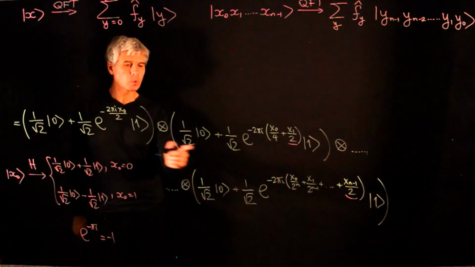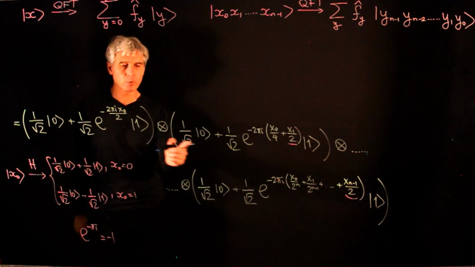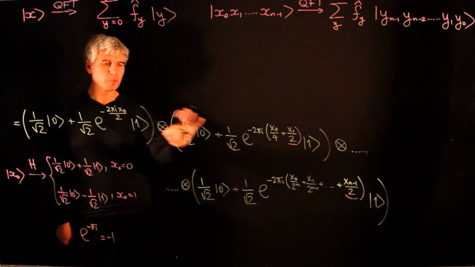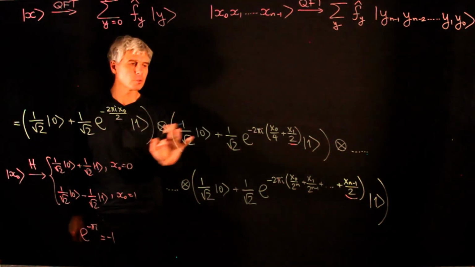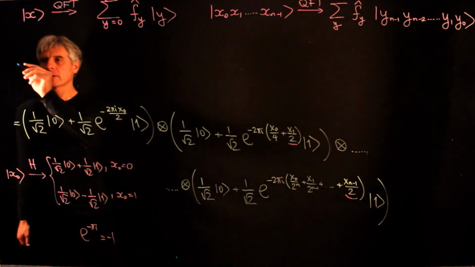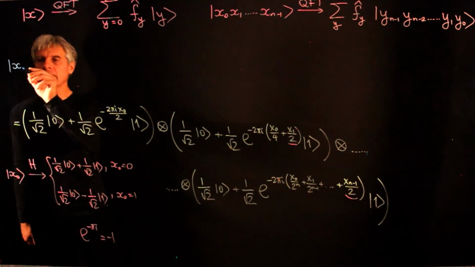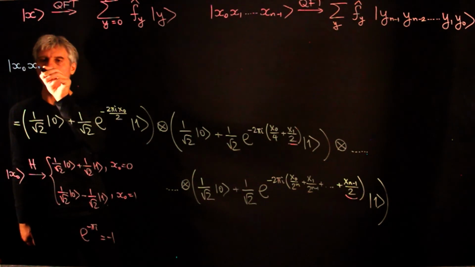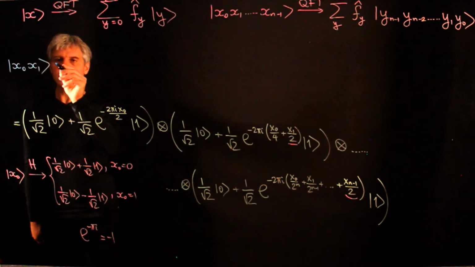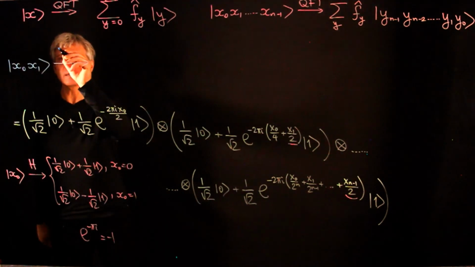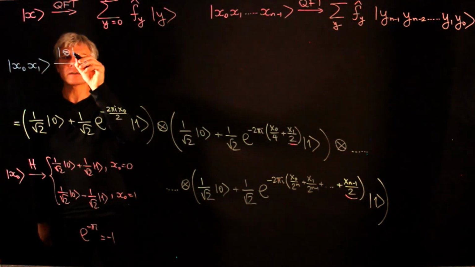Let us look at the first two factors and see how we can implement the quantum Fourier transform just on the first two factors. So we start with the input, which is the qubits x0, x1. Let us apply Hadamard on the tensor factor.